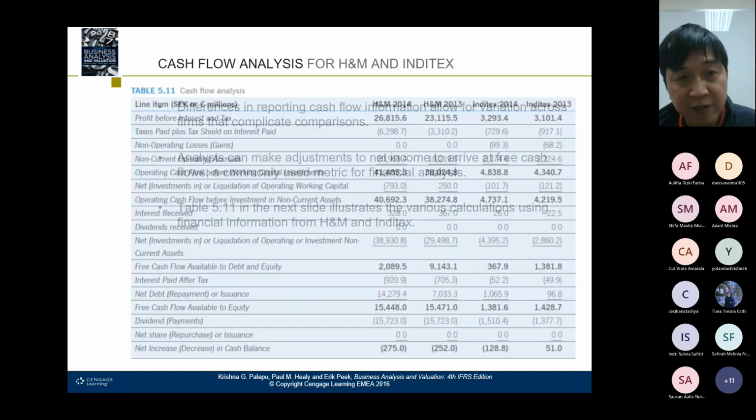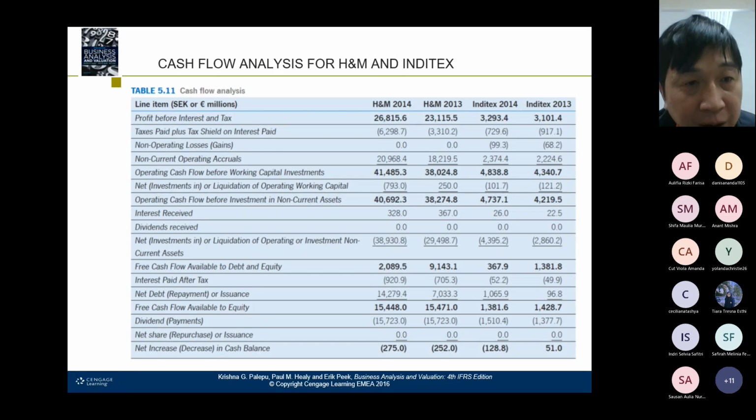Table 5.11. Okay, so here, profit before interest and tax, minus tax paid plus the interest paid. Okay, so we have the non-current operating accruals, and we have the operating cash flow before working capital investment.